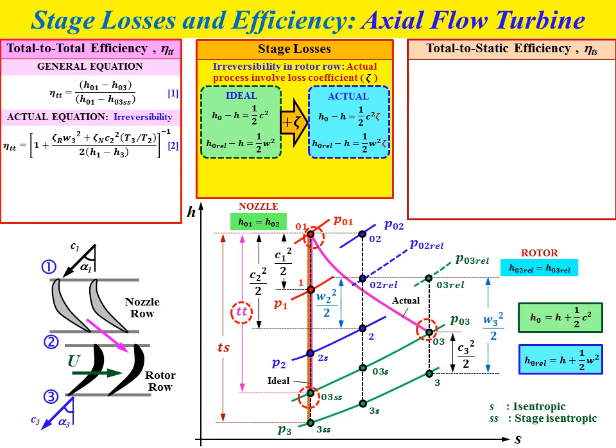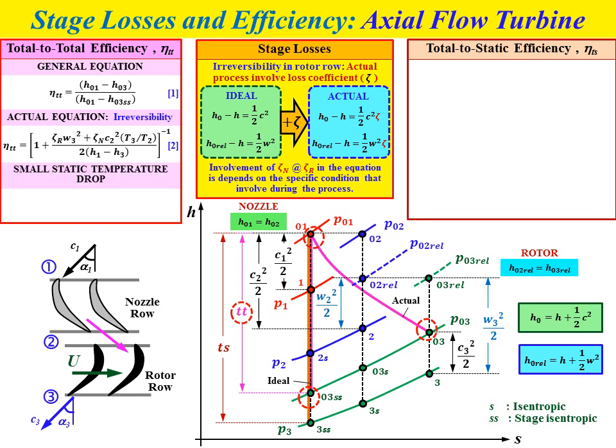So that is the difference between the ideal and actual process based on the enthalpy formula. The involvement of zeta n, the loss coefficient for the nozzle, or zeta r, the loss coefficient for the rotor, in the equation depends on the specific condition involved during the process, whether it is the nozzle or the rotor.